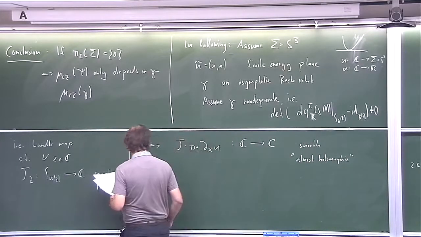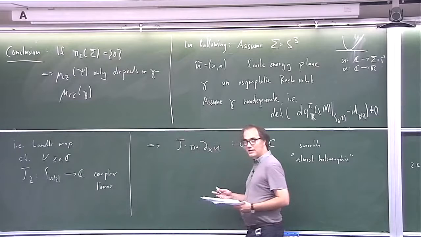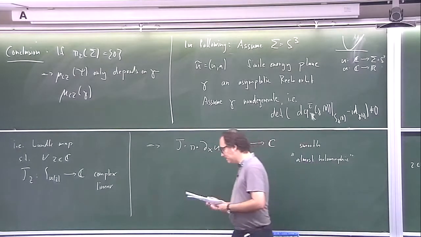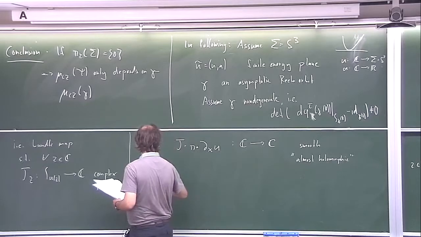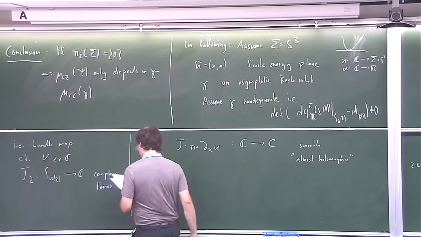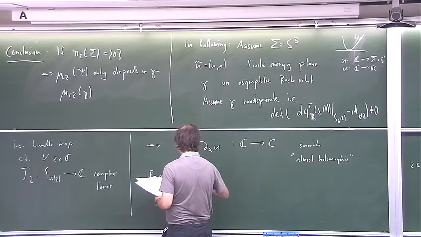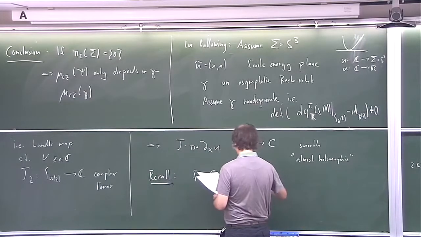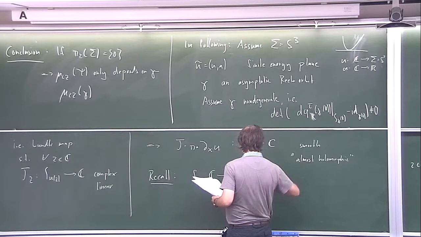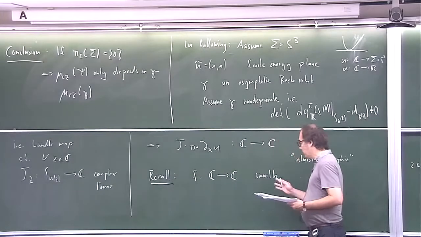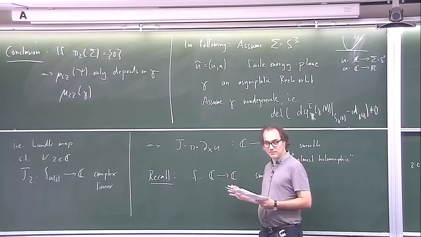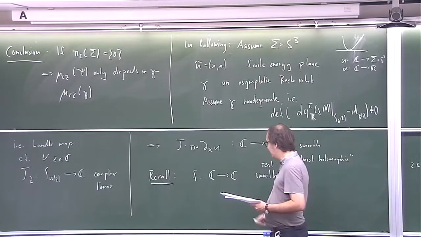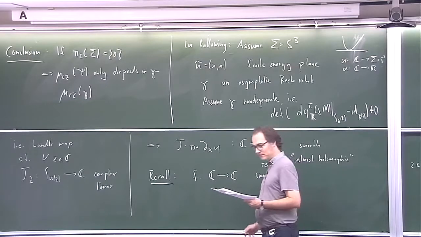So let me recall some facts about winding numbers. Suppose first we have just a smooth map from C to C, as a real smooth map, so we think of R2 to R2.